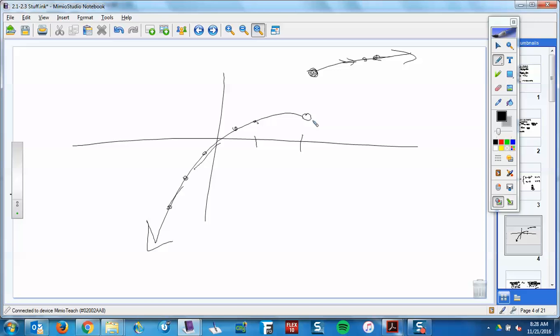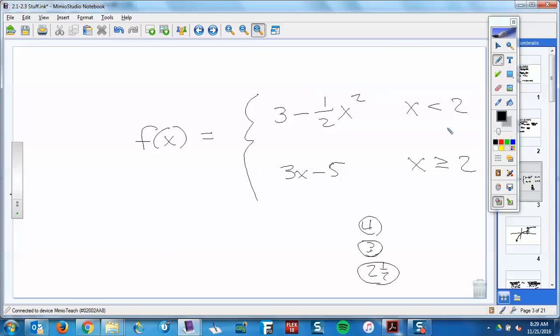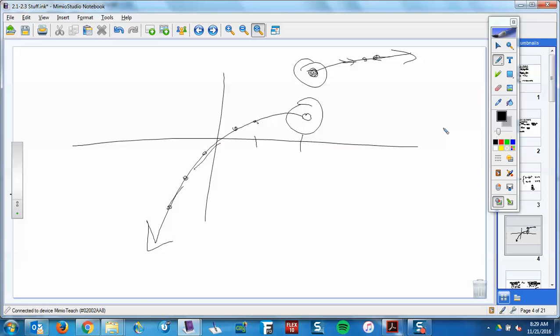It's either going to take off from this same spot and be connected, or it's not going to be connected, right? So the key is, even though I know this top one doesn't include 2, that just means it's an open circle. But what I need to know is, what are the two y values at 2? Are they the same? Then it's connected. If they're not the same, it's not connected, right? It's that easy.